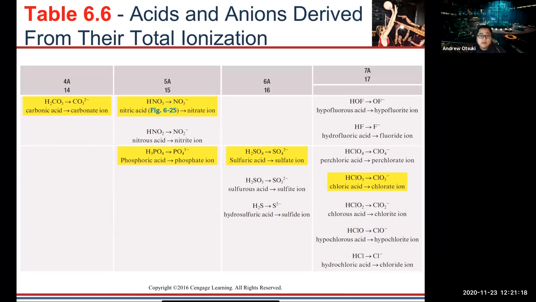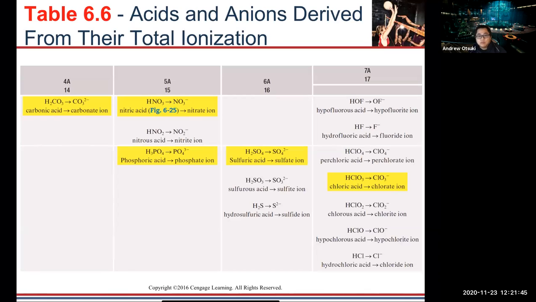You also have sulfur. Then fluorine only has two kinds of acids, hydrofluoric and hypofluorous. There's no per, ic, or ous acid, only the last two. But iodine, chlorine, and bromine all have these five similar acid formulas.